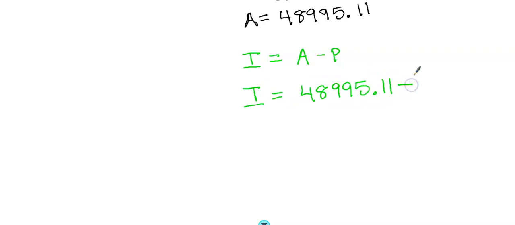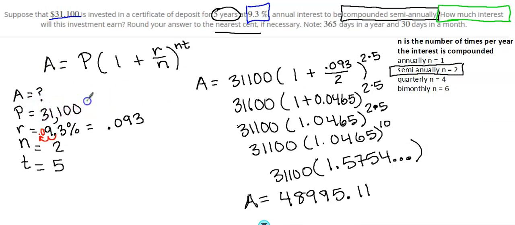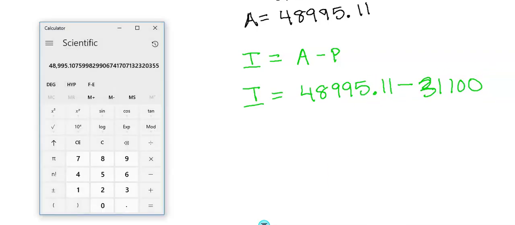48995.11 minus, I'm going to scroll back up and look at my original principal, which is 31,100. Wow, crazy one. 31,100. $48995.11 minus 31,100.